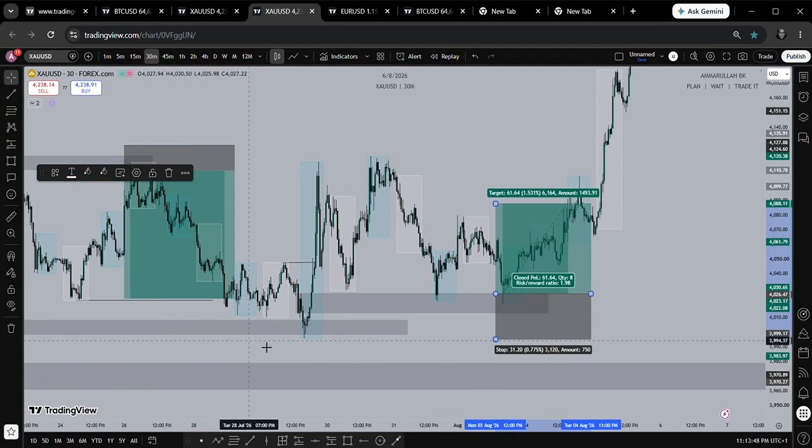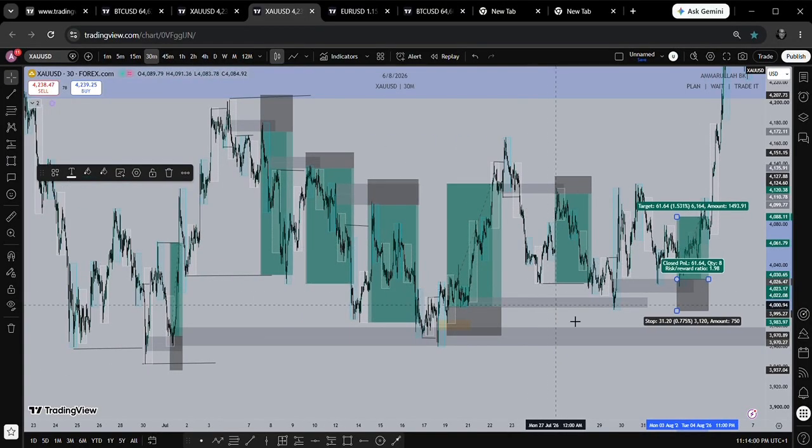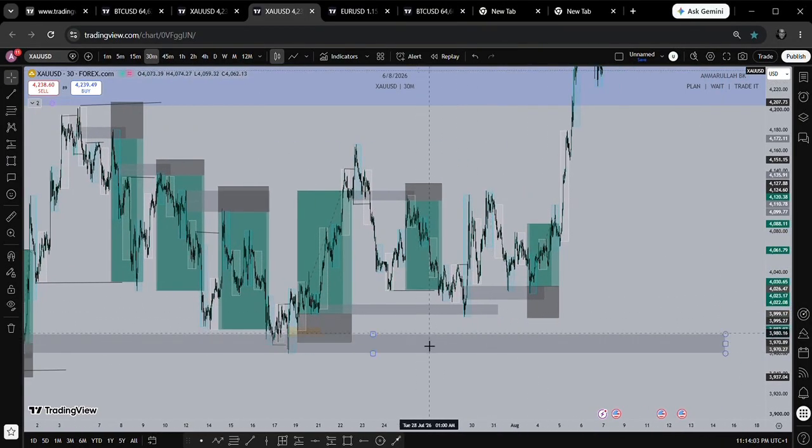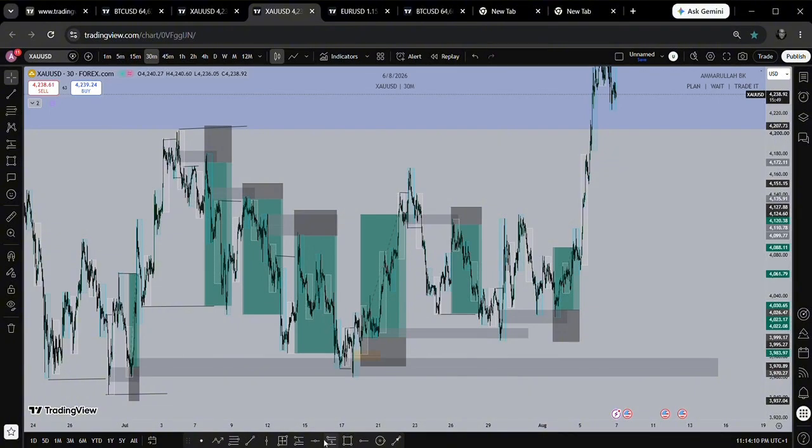This low now is a protected low because this low pushed the market and made this high that broke a structure, right? So we are safe to place our stop loss here. And for targets now, since we already tapped the main area of demand that we had in a higher time frame, we can boldly target that level of our monthly, the monthly level, which is that particular fair value gap below it.